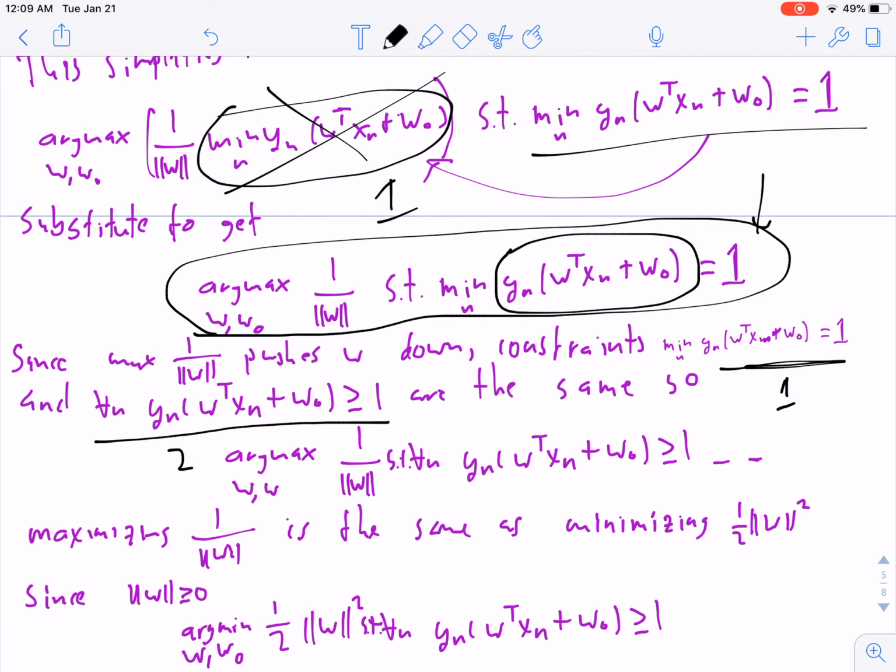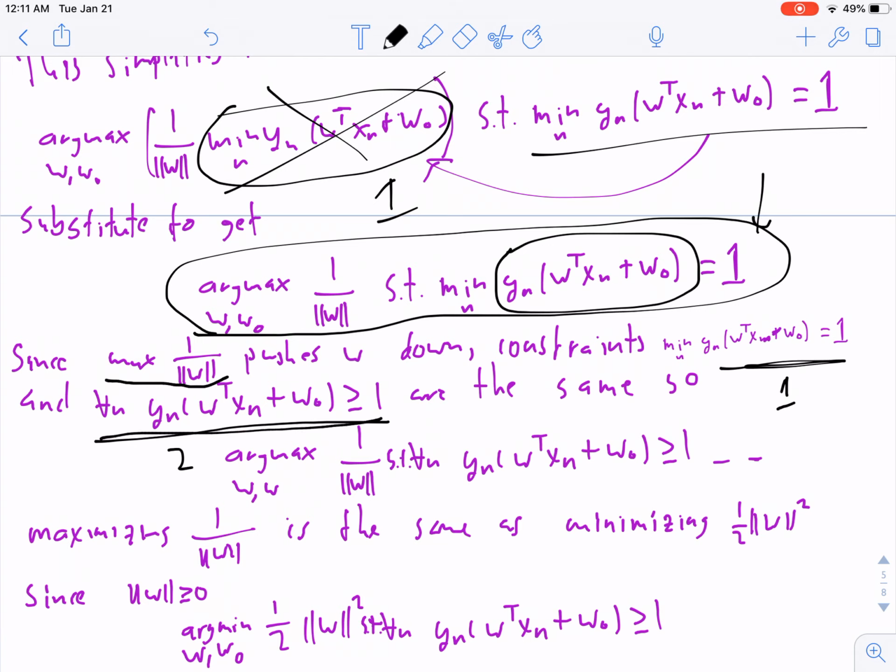So let's suppose, towards a contradiction, that the minimum of the margins is greater than 1. Well, in that case, I claim that we can actually reduce w, and so overall we're not at the maximum of 1 over the norm of w. The fact that we're trying to maximize 1 over the norm of w means that we're trying to reduce w. And let's say that the minimum of the margins under constraint 2 is greater than 1.